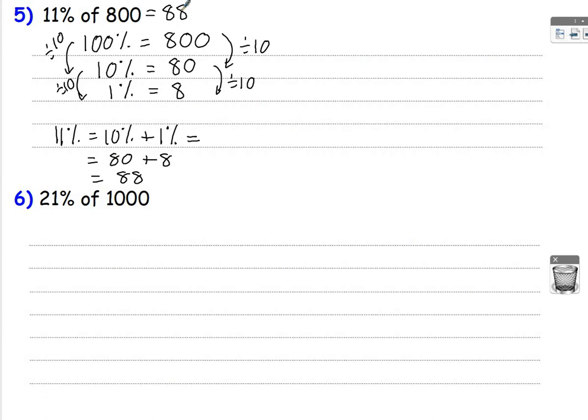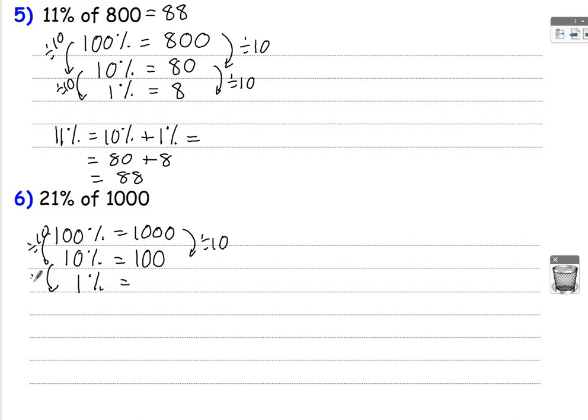Okay, so look at the next one, 21% of 1,000. 100% is 1,000. So we always work with 10% and 1%. What would we need? Well, to get 21%, to get 20%, that's 2 lots of 10%, and we'll also need that 1%. So 10%, divided by 10, that's going to be 100. 1%, divided by 10 again, that is 10. What else do I need?